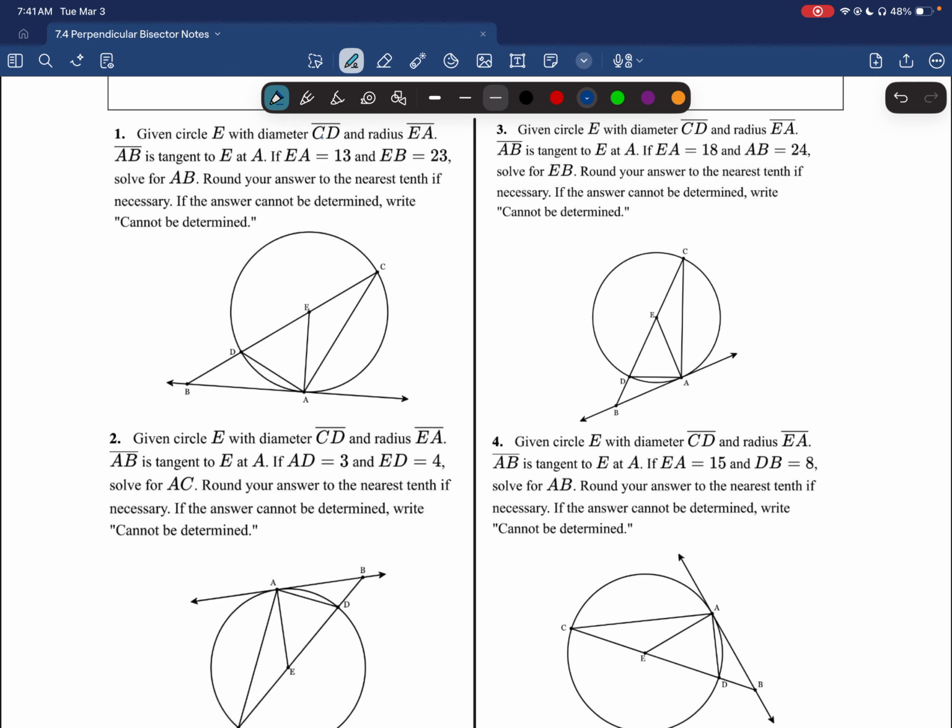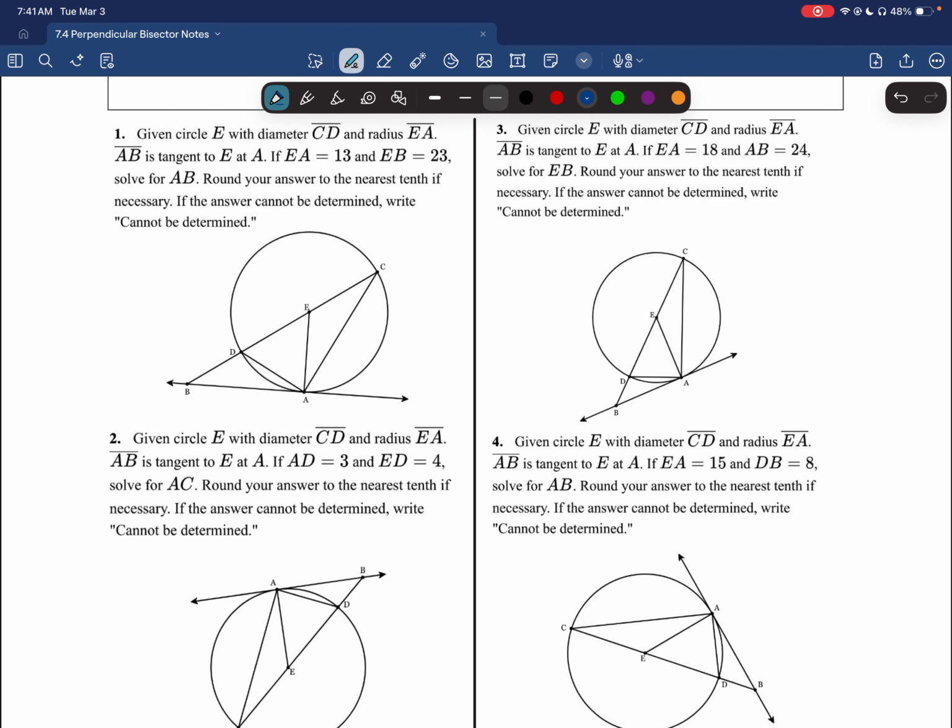So we have circle E, the diameter is CD, so that's my diameter, and my radius is EA. AB, this side is tangent to E at A. That tells me that this is a 90-degree angle, right? That's what we learned last time. We also know that EA is 13.